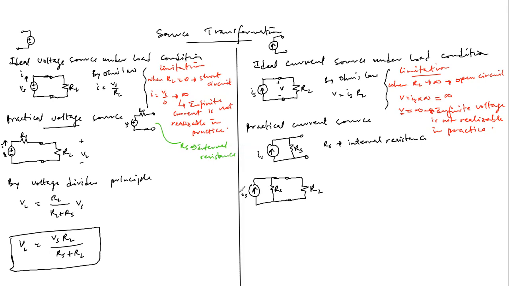Okay, so by inspection, you see that the current here, if IS flows here, then IL flows here.